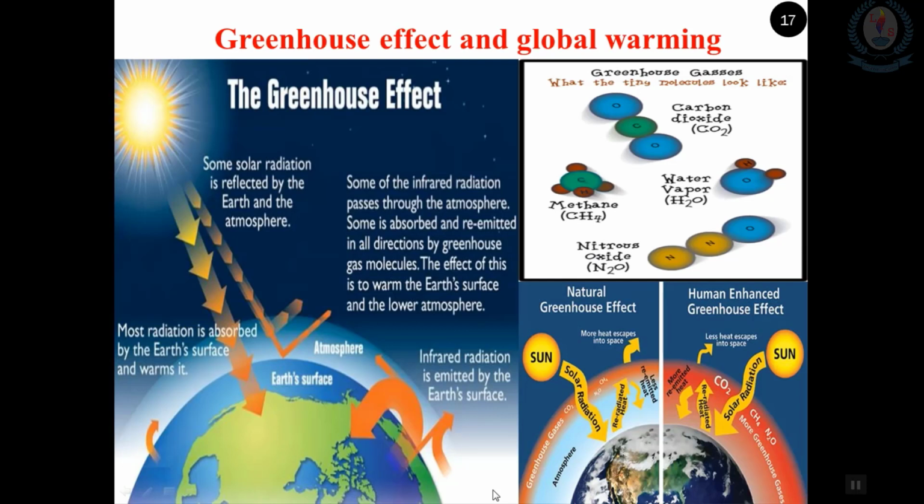Some of the long wavelength radiation interacts with the greenhouse gases in the atmosphere, for example gases like carbon dioxide, water vapor, nitrous oxide and methane. The energy is trapped in the atmosphere and it causes the temperature of the atmosphere to increase.